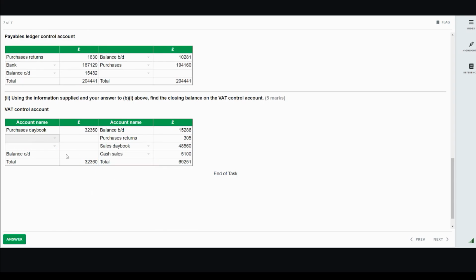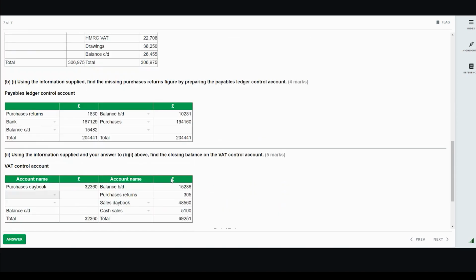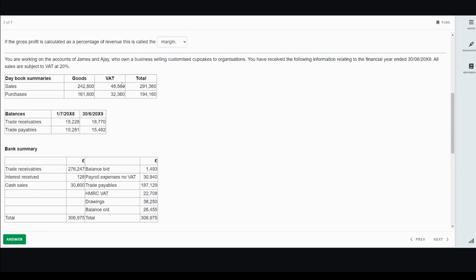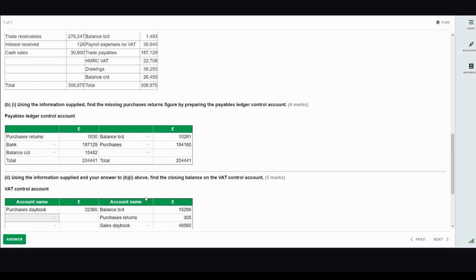And then what have we got here on the debit side? We've got the VAT for the purchases. What else have we got? Payroll expenses, no VAT, that's okay. Trade payables, that's fine. VAT HMRC, so that means that we've paid some to HMRC.